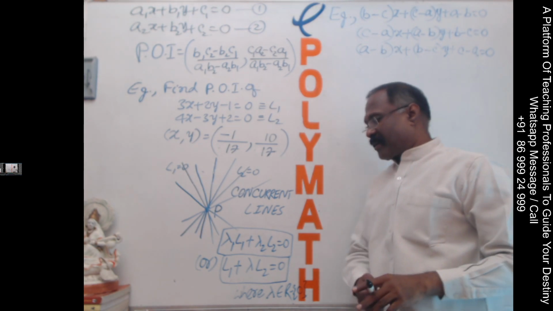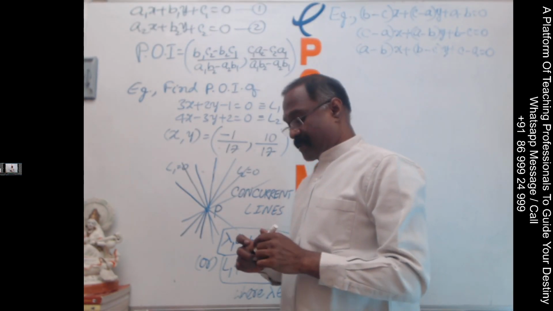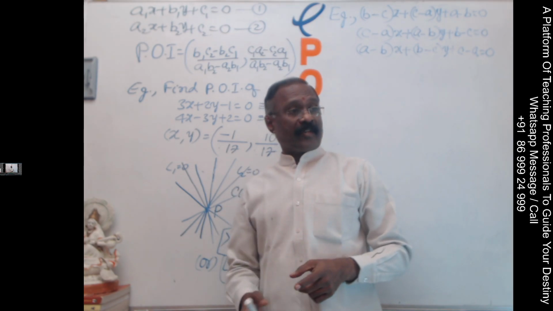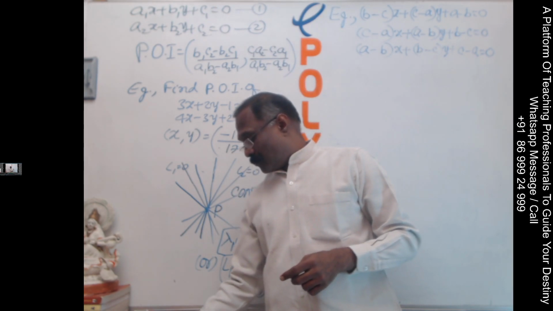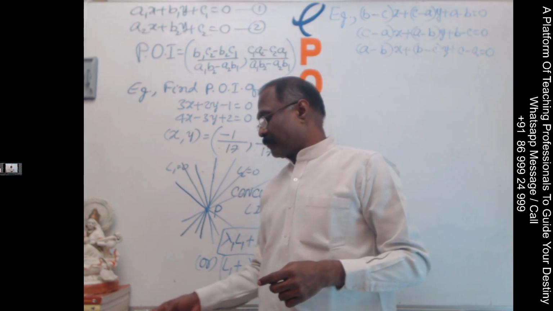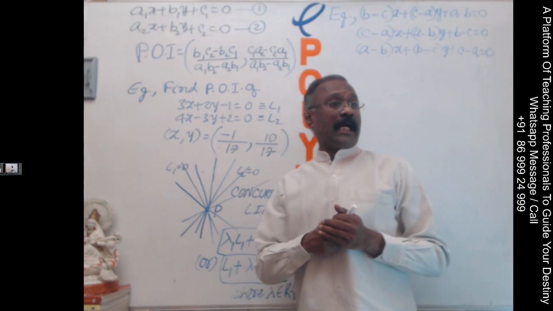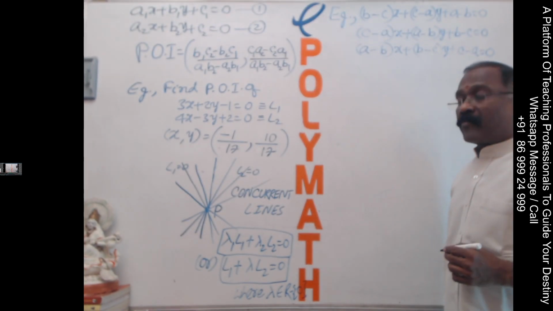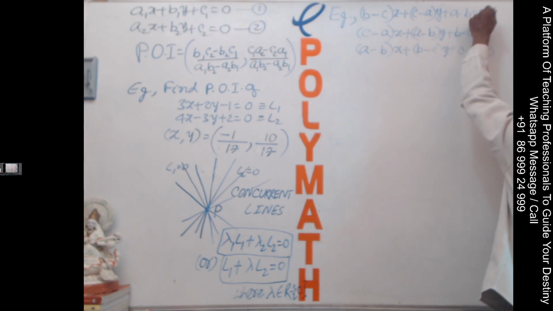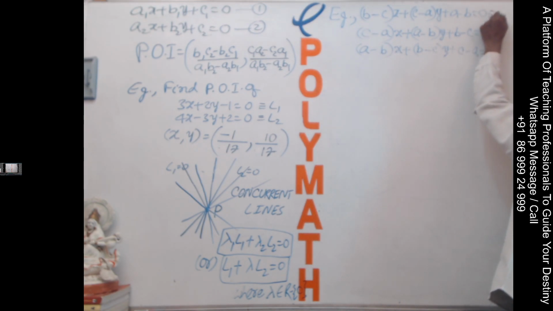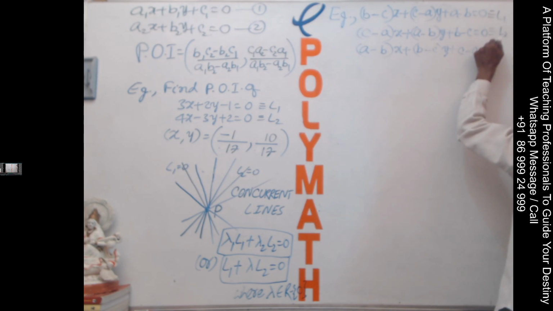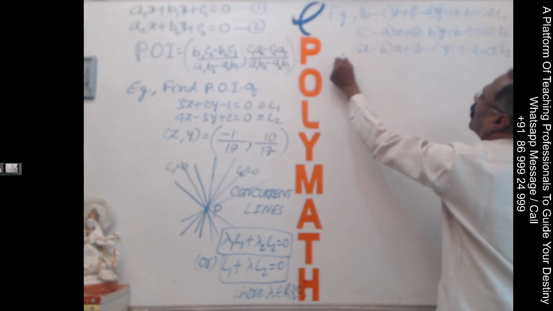Are they three lines? Just check. How many lines have I written? Three lines I have written. Now, let me call this line L1, this line L2, this line L3. Check it out.